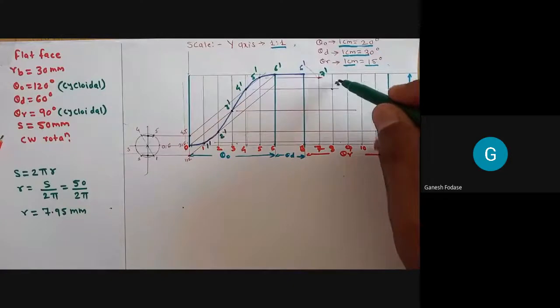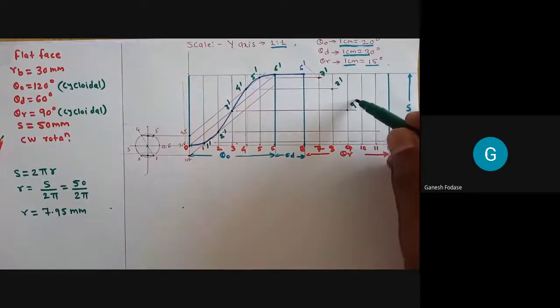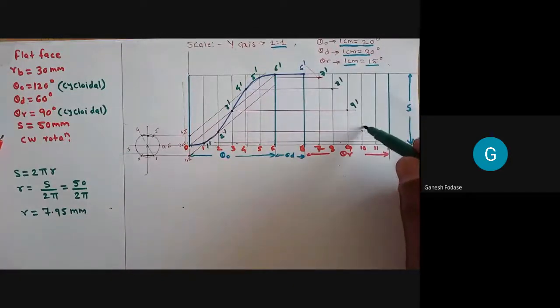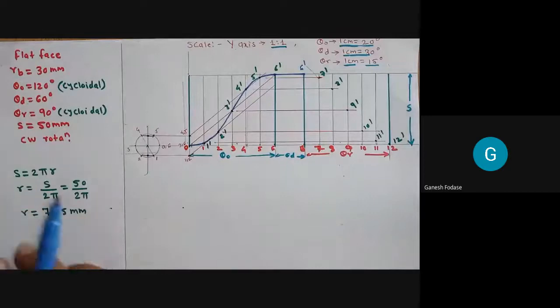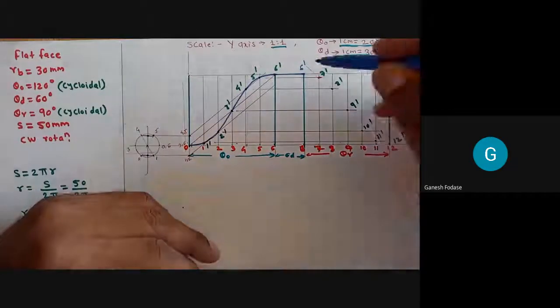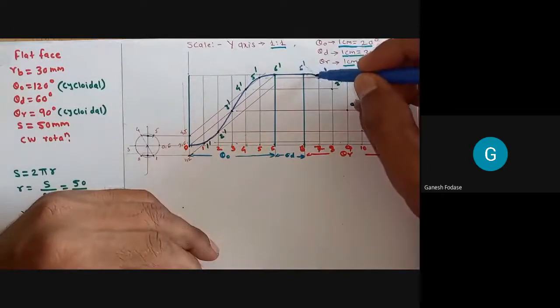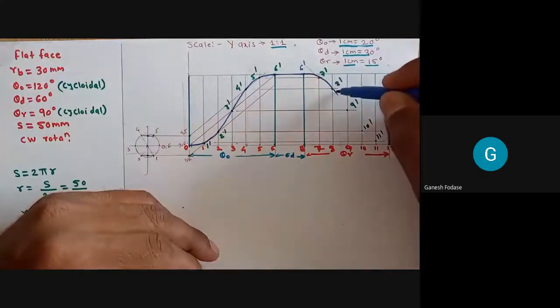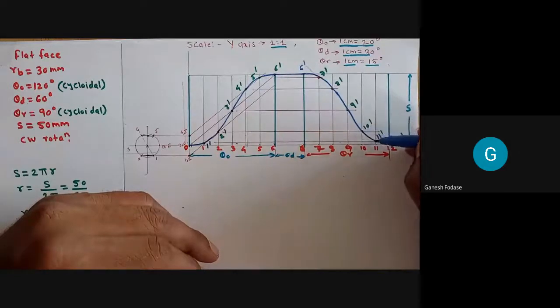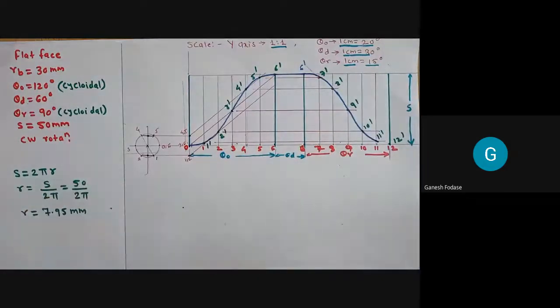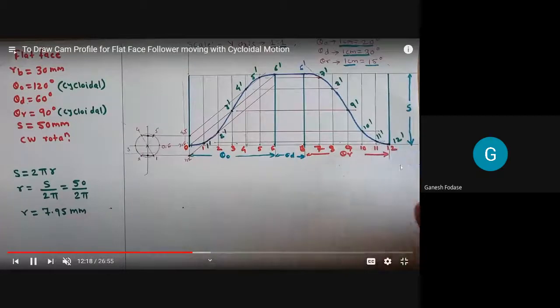Okay. So this one is 8 dash, 9 dash, 10 dash, 11 dash, and this one is 12 dash. Again, join these by a smooth curve. We obtain, and the curve that we obtain during the return stroke is also a cycloidal curve. So likewise, we have seen a procedure to draw a cycloidal motion of a follower during rise and return.